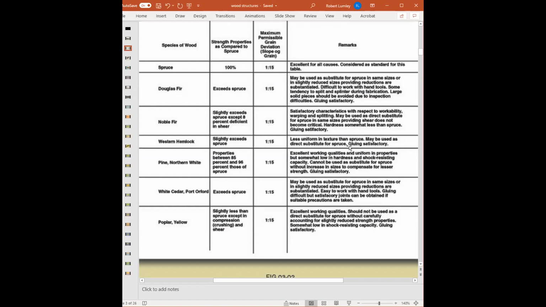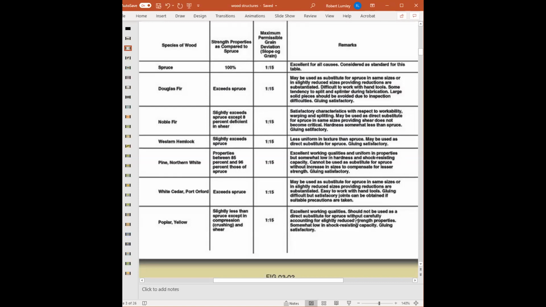If you come down here, which one is it? Okay, yep, I'm looking right at it. As you notice, northern white pine says cannot be used as a substitute for spruce without increase in size.